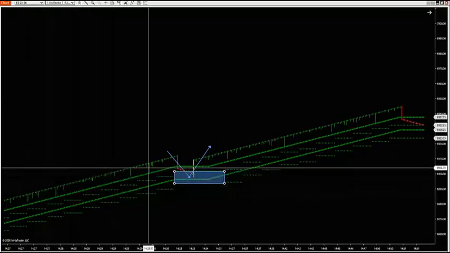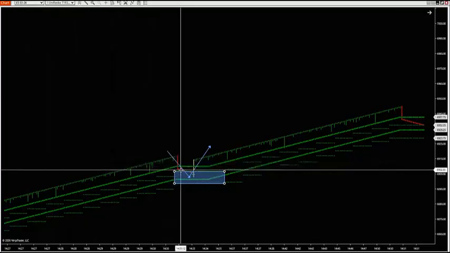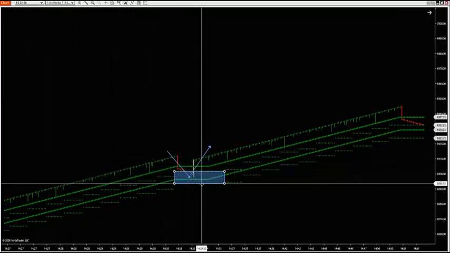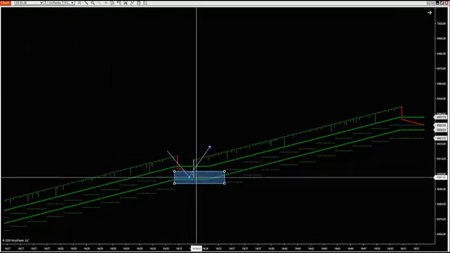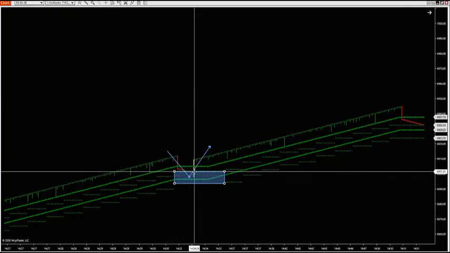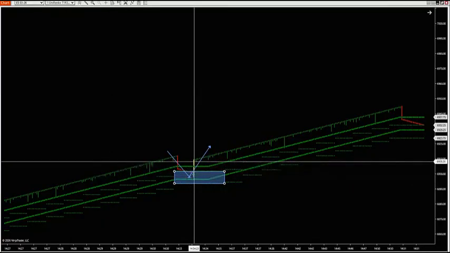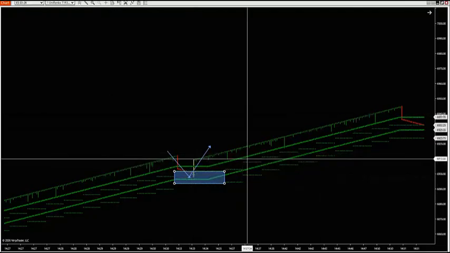They needed to grab liquidity. They pulled price back inside of the liquidity grab zone. We're looking for a reversal. We got the reversal. A yellow trigger entry will fire and a green arrow will fire, and that's your high probability potential move to the upside.